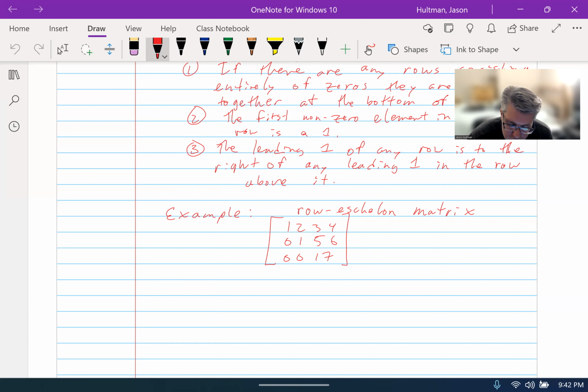So the first row has a 1 at the very front. The second row has a 0 and then a 1 in the second entry. And so we get this kind of diagonal of 1s. That's what creates the row echelon matrix: the diagonal ones and then the triangle of zeros below the diagonal ones.